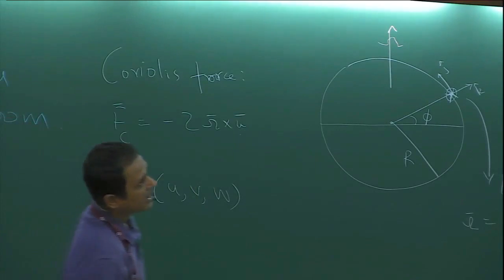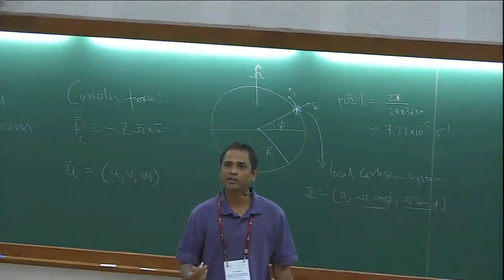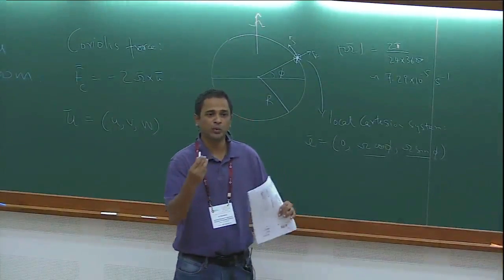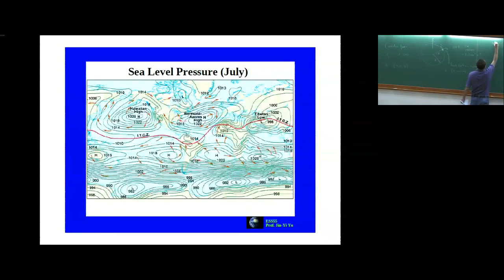And I hope most of you have seen Euler's equation or the Navier-Stokes equation at some point, right? So without rotation, we usually write the material derivative of U equal to minus the gradient of pressure, and plus, if you have dissipation, you'll have some dissipative terms.